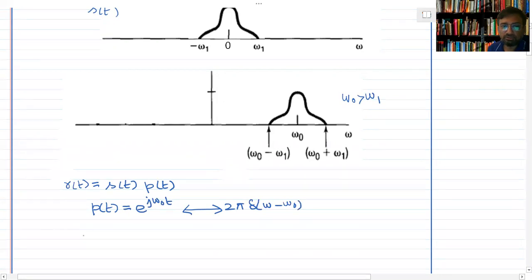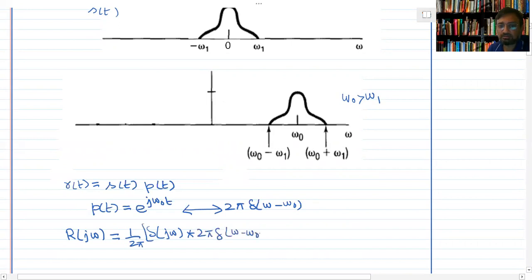If we use the multiplication property, R(jω) is 1 over 2π S(jω) convolved with 2π δ(ω minus ω0).